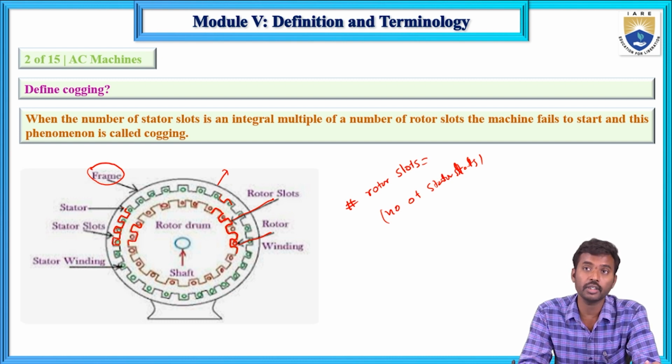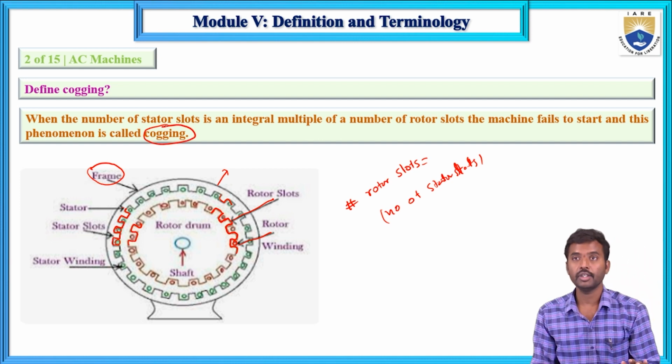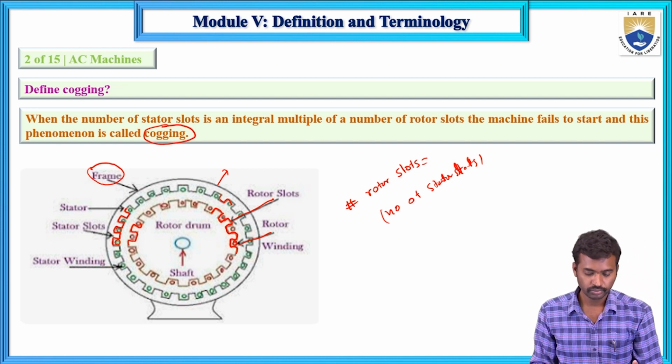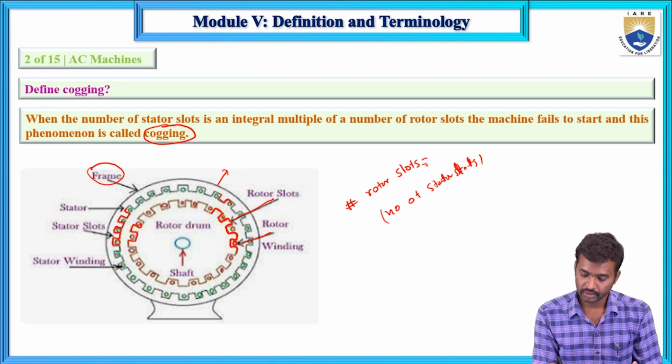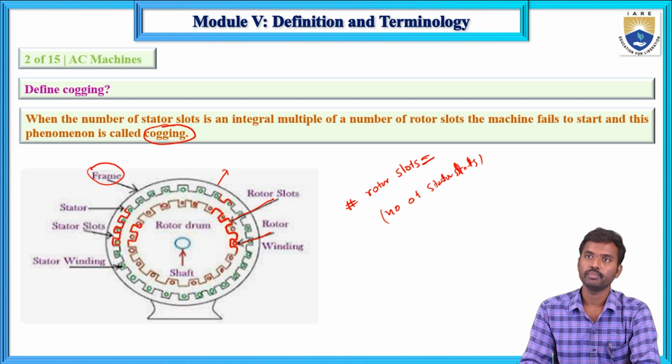This phenomenon is known as cogging. So the number of stator slots should not be an integral multiple of the rotor slots. This is important.